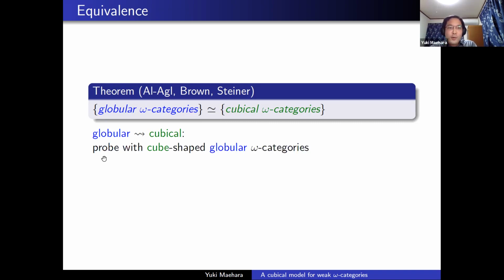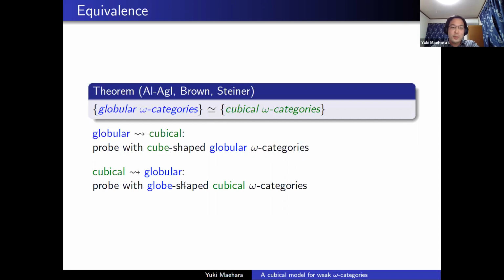So you probe whatever you're given with cube-shaped globular omega categories. And that should give you a functor going from the globular to the cubical world. And to go back from cubical to globular, you basically do the same thing, but with globes and cubes swapped. So now you probe whatever you're given with globe-shaped cubical omega categories. I will show you pictures of these things in the next few slides.